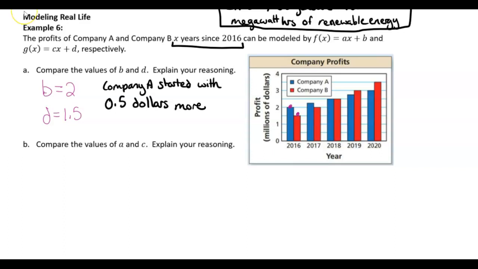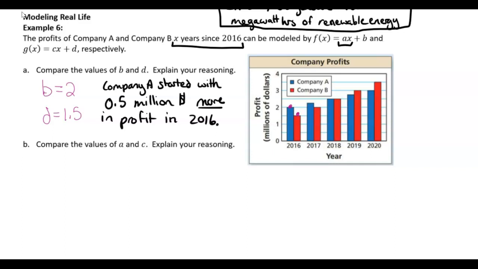I wrote that wrong, sorry. $0.5 million more in profit in 2016. That's when we started tracking this. So the starting part is in 2016. Okay, so initially the blue company, Company A, was the one that had more profit by $500,000 at that time. Okay, now it says compare the values of a and c.